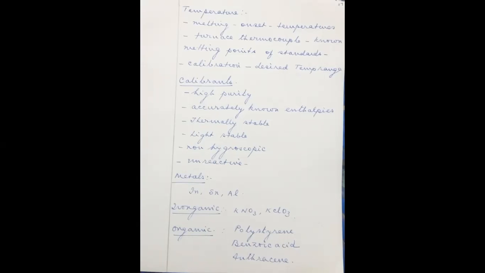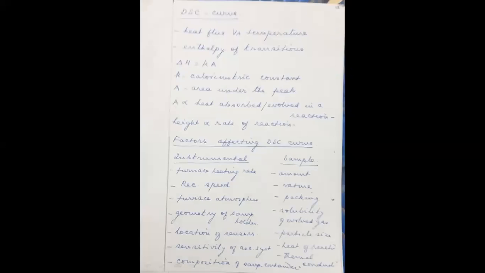The organic substances, polystyrene, benzoic acid, anthracene, these are all the substances that could be taken. So I have told you the important characteristics, and also given you some examples in metals, inorganic substances, and organic substances.